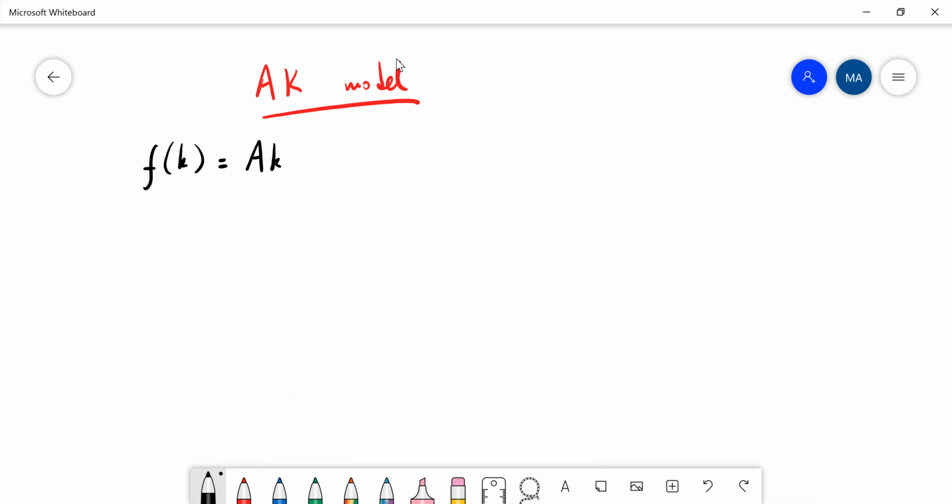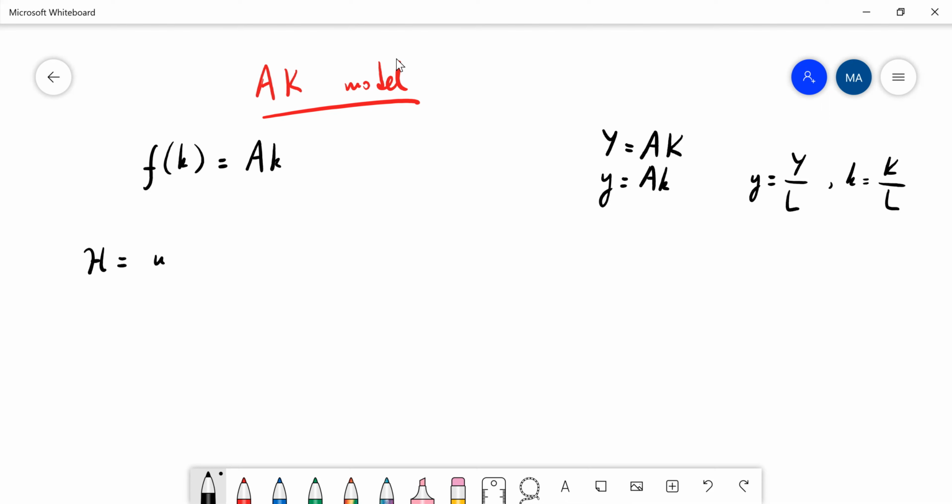If this is your Y, then this is Y, because you define Y here as Y over L and K here as K over L. Labor can grow, it doesn't make a big difference. But the important thing is that once again, you are solving this optimal growth problem.